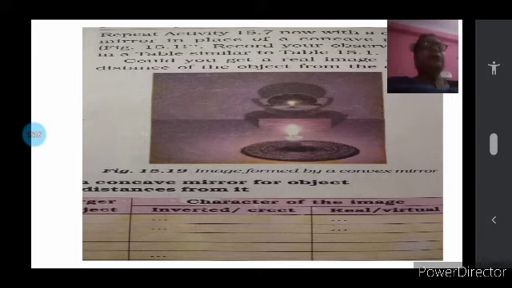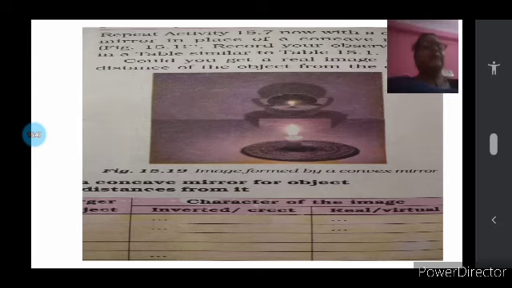If you keep on increasing the distance or bringing it closer, at all points between the candle, which is the object, and the mirror, you will always see a virtual image. And if you hold the screen also, you cannot get the image on the screen. It cannot be viewed on the screen. So convex mirrors always form virtual images.